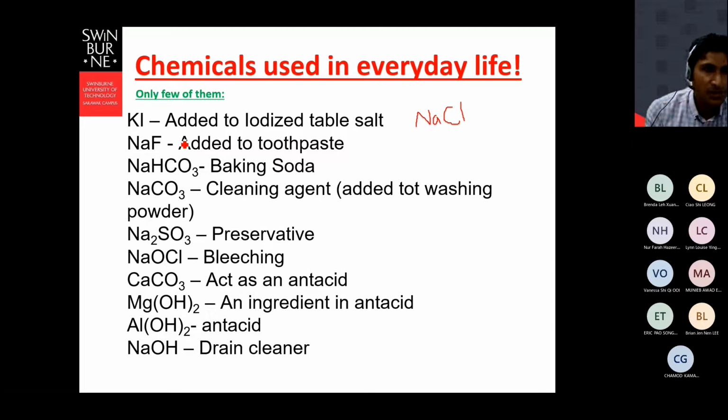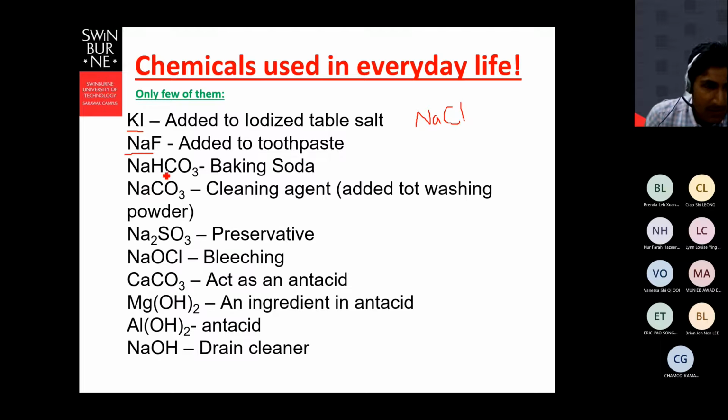Sodium fluoride, like potassium iodide, is a salt as well, and this is added to toothpaste. We also use this in the morning. All right, and an interesting thing, another thing I'll go into later on. Sodium bicarbonate is baking soda, used mainly for frying or baking.